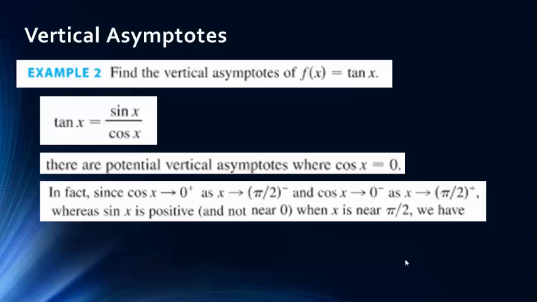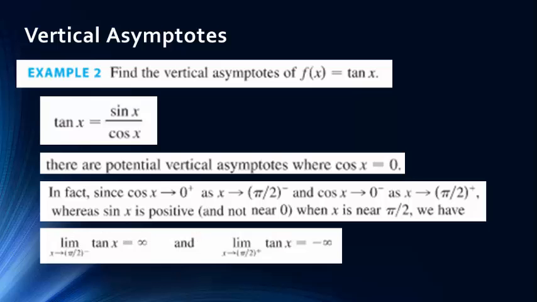Remember the 4 quadrants, thinking of the Cartesian system, x and y are cosine and sine. So x is 0 when we're on the vertical axis.